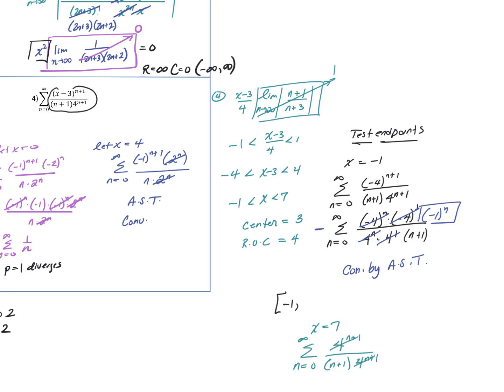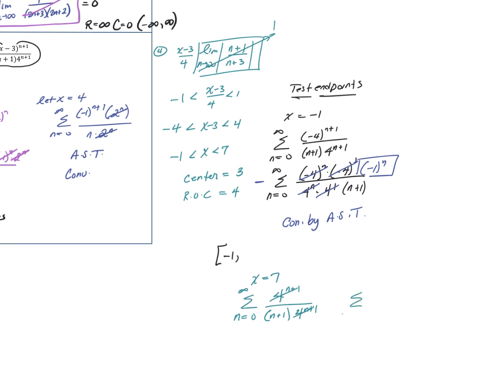So this one's tough because it is kind of a lot of work, but this one is not AST. It's not a P series because you have the n plus 1. This is a comparison test. So either you're going to have to do direct or limit comparison. I did limit comparison to 1 over n, and it diverged. So this would be -1 to 7.